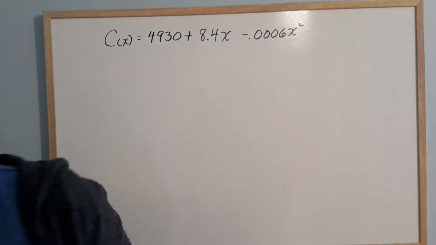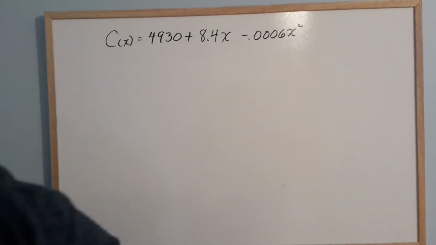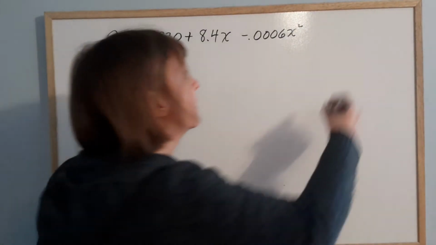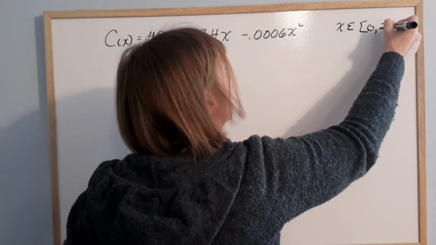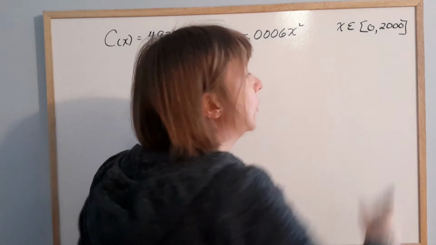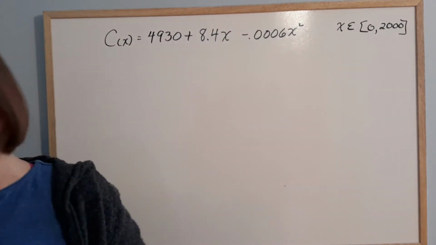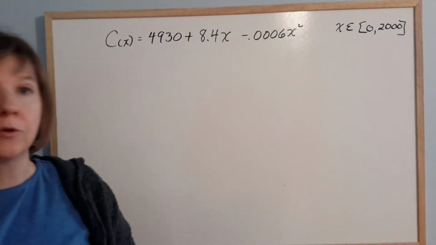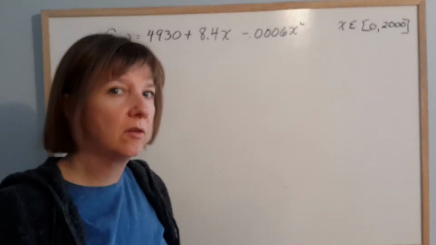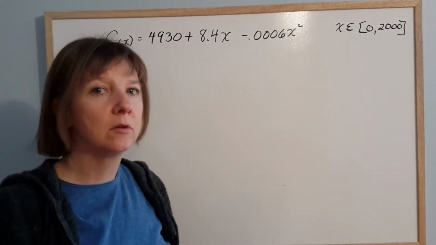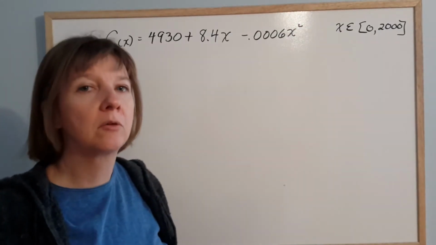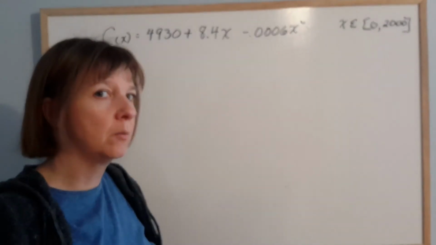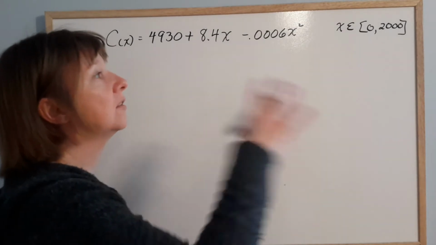Let me look at that again. Yep. And they're saying that this formula works from a production level of anywhere from 0 tires to 2,000 tires. So after that, something changes, maybe the materials to make the tires get cheaper, something happens after that 2000 level, and that formula wouldn't apply anymore. So that formula only applies to 0 to 2000.